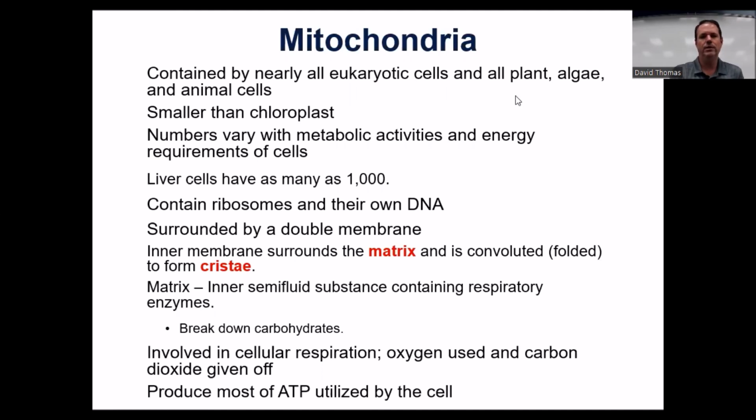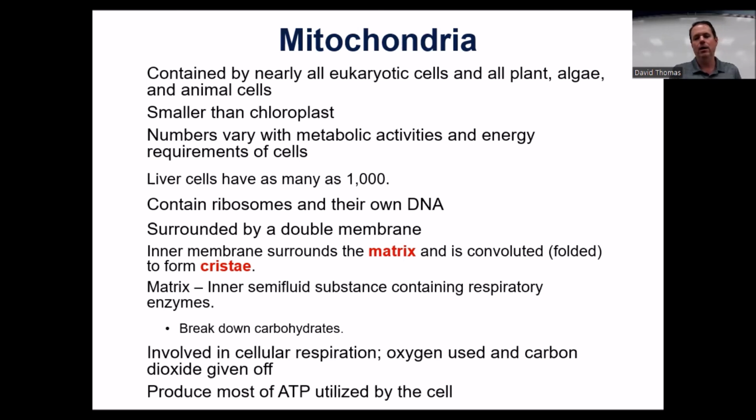It doesn't matter if you're looking at plant cells, algae cells, or animal cells, all cells are going to have to produce energy in the form of ATP. These are generally smaller than chloroplast organelles, and it's kind of unique, they also have ribosomes internally inside of the mitochondria, and they have their own DNA structure.